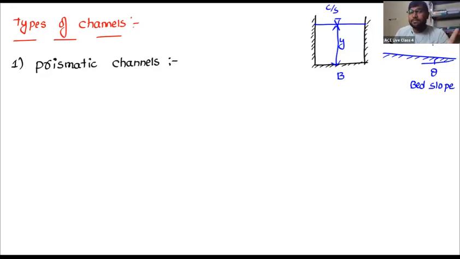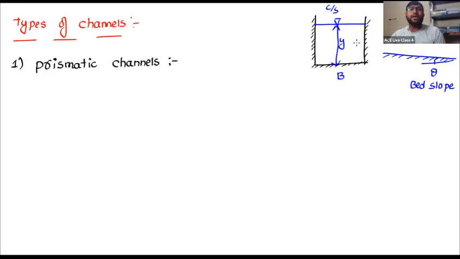If for a given channel section, the shape, size and the bed slope remain constant, means if the shape and the size and the slopes are not going to change, then we call it a prismatic channel.